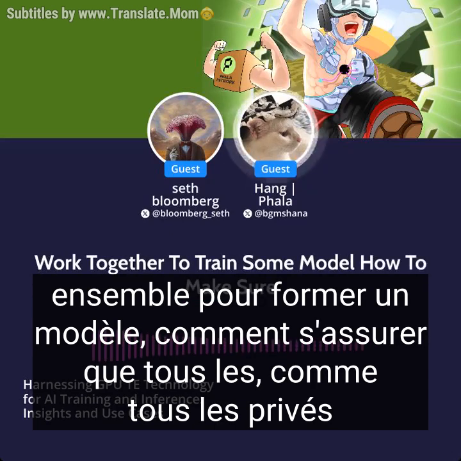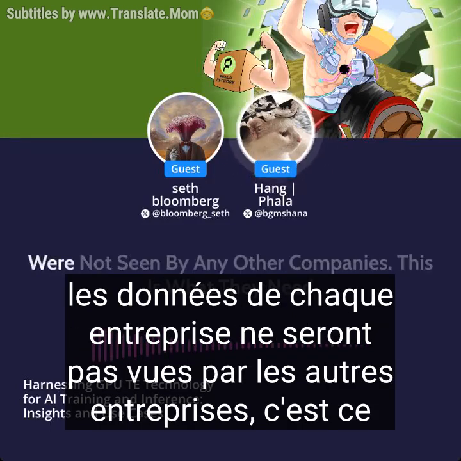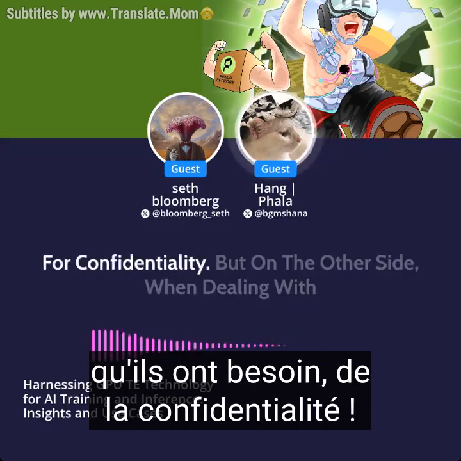How do you make sure all the private data from each company will not be seen by any other companies? This is what they need confidentiality for.